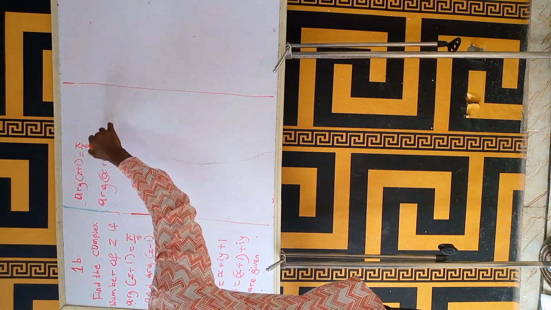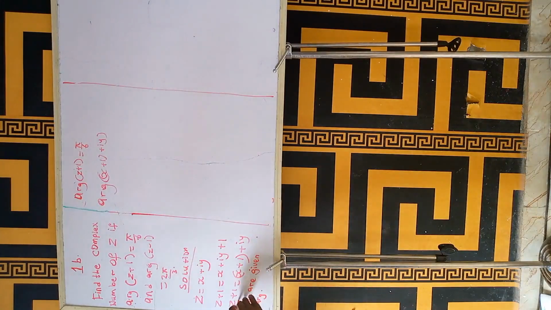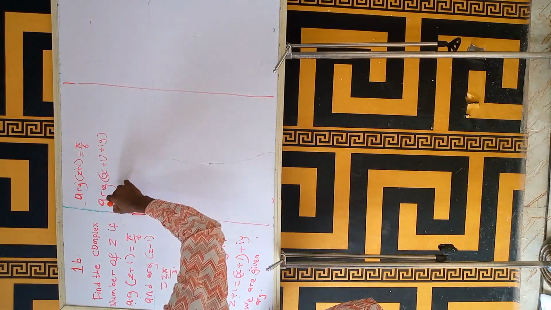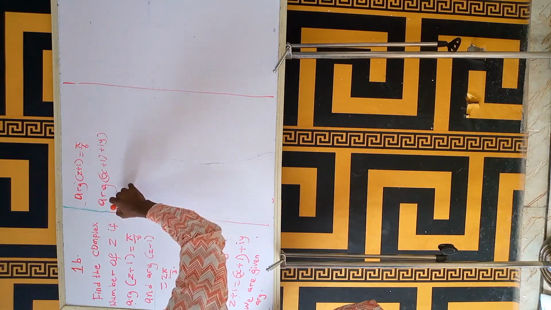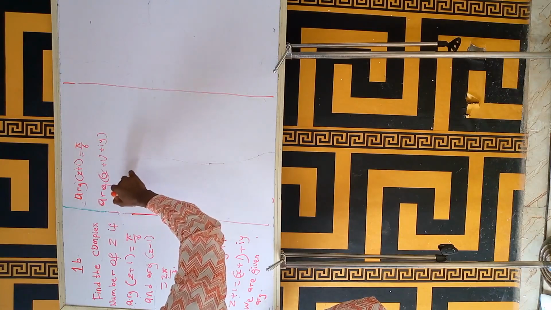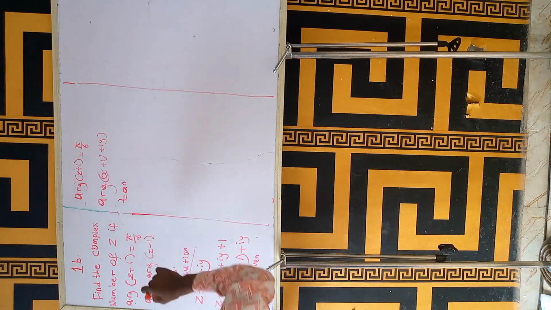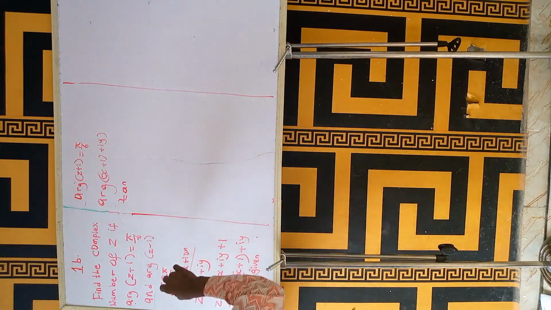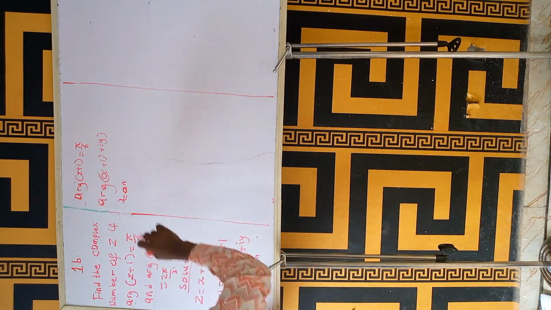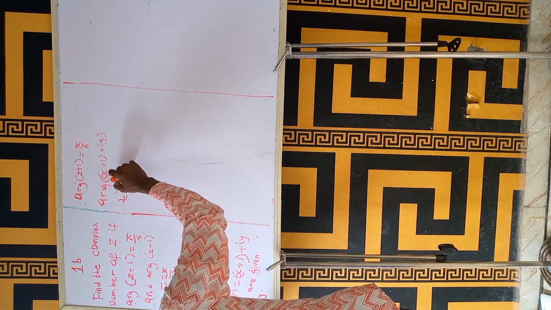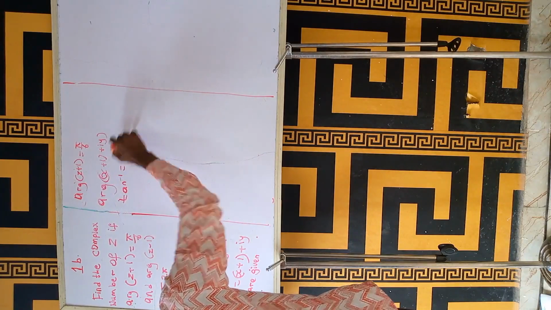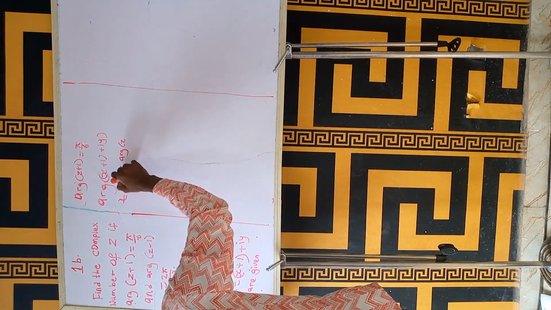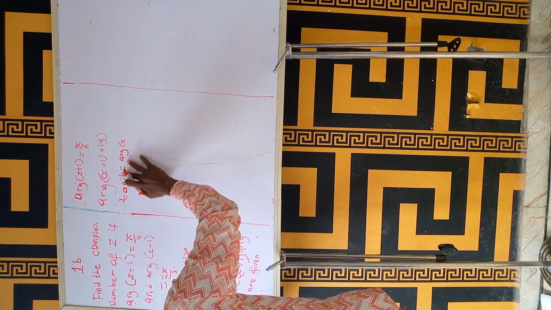When you substitute your Z plus 1 and have something like this, the argument means tan, so it will be tan of what you were given. That means the tan inverse of Z plus 1. Let me write it very well.